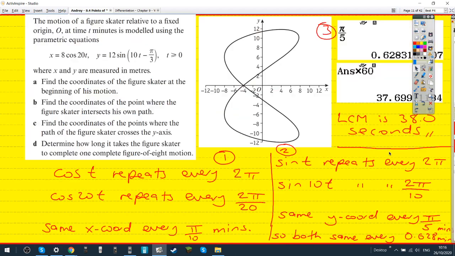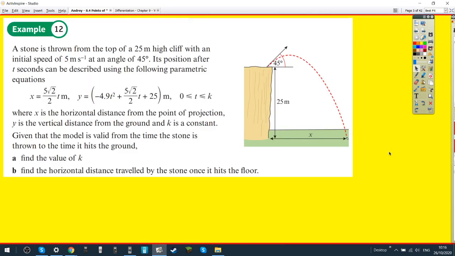The plane won't climb forever. Type of thing.